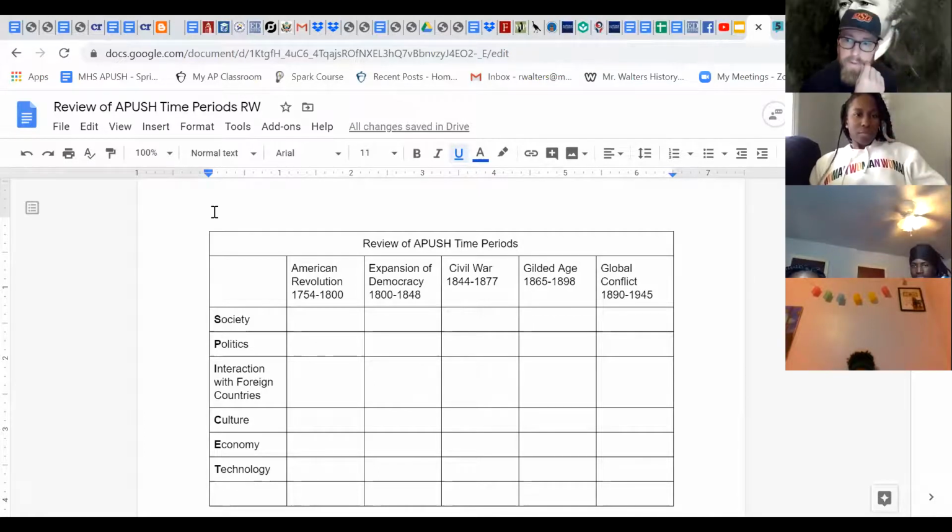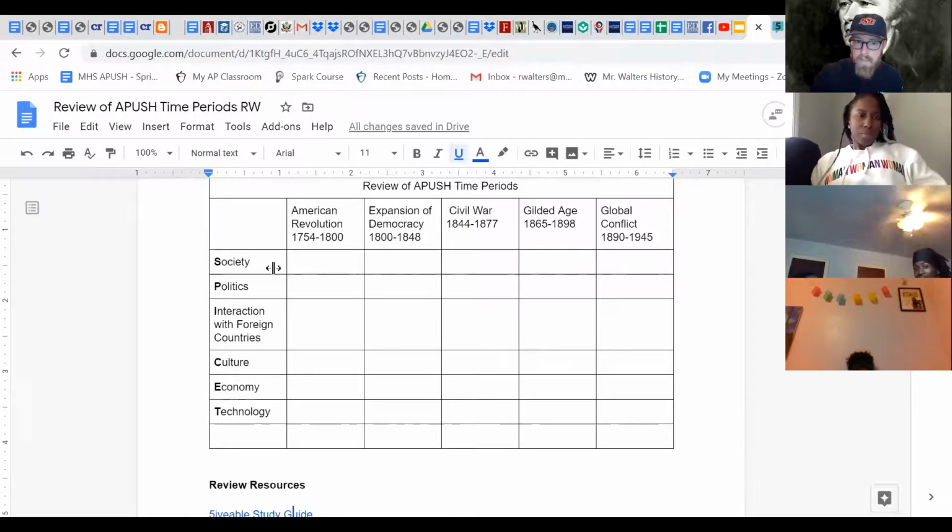Then try to think of several things that are important during that time period. Write them on the back of the card and see if you can memorize one thing about society from the American Revolution time period, one thing about politics from then, one thing about foreign policy, culture, economy, and so forth.